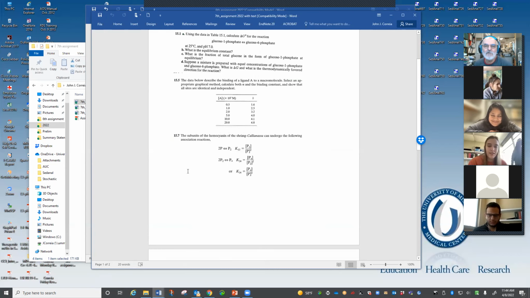So it's a similar sort of thing here, because what they're showing you is that you can make dimers with 2 monomers, and then you can make a tetramer with 2 dimers, or you can make a tetramer with 4 monomers. Okay, and so the K4 there is just... I'm going to have problems with this.